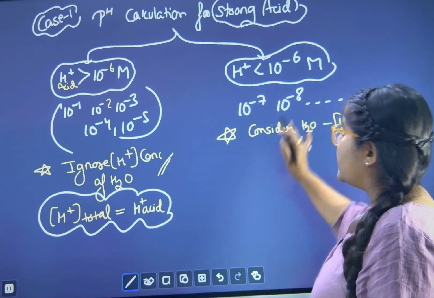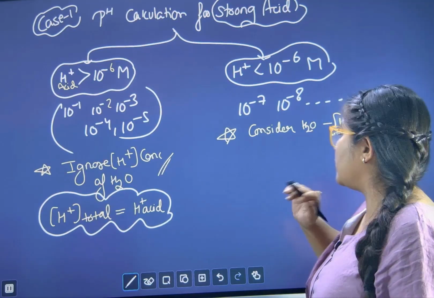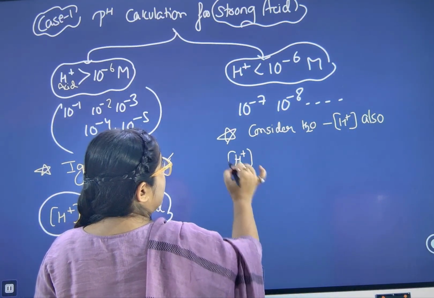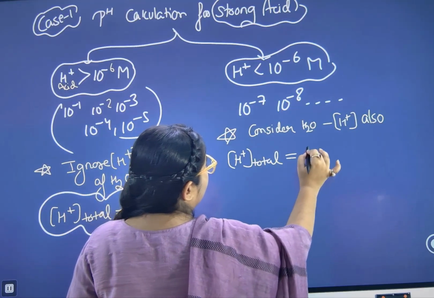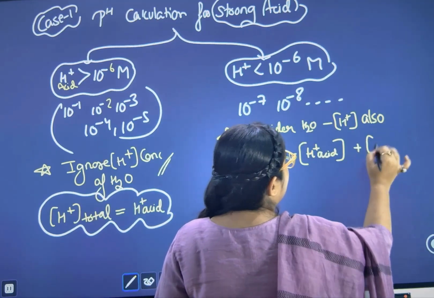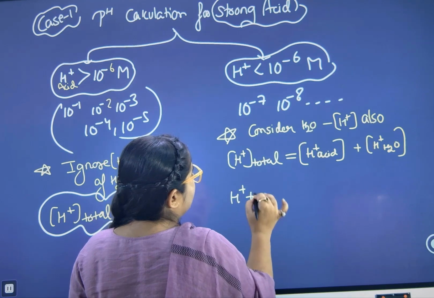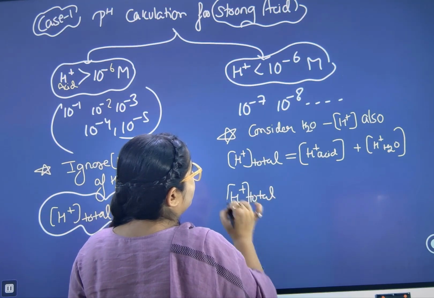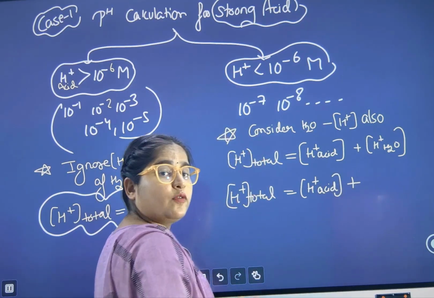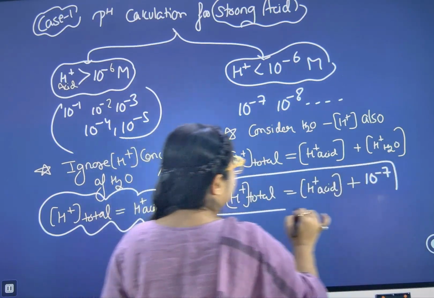But if H ion is less than 10 to the power minus 6, we will not ignore the H ion of water. In that case, what will be the formula? The total H plus ion will be equal to H plus ion of acid plus H plus ion of water. We all know the H ion of water is 10 to the power minus 7.